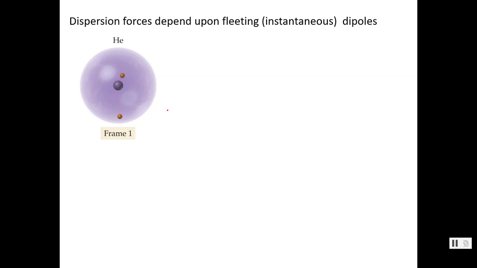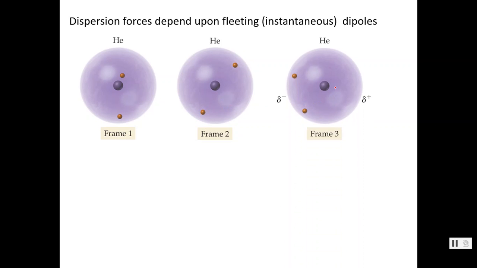They're kind of in a region of space called an orbital. So let's say in one time I take a picture, both of my electrons are over here. I take a second picture at a different point of time. My electrons have moved a little farther apart, so one electron's here and one electron's here. Let's say I take a third picture, and at this point in time, I have two of my electrons over on one side of the atom. I have no electrons on this side of the atom.